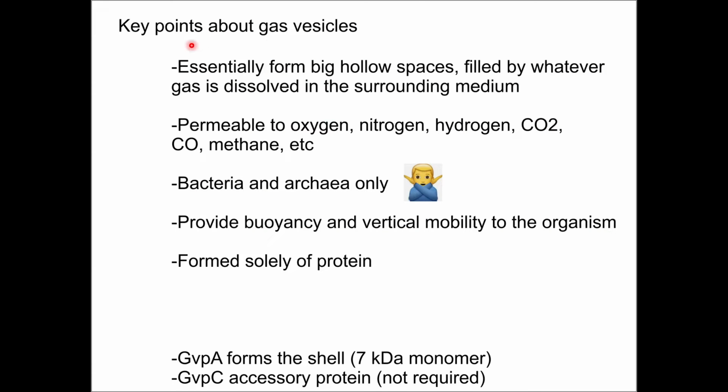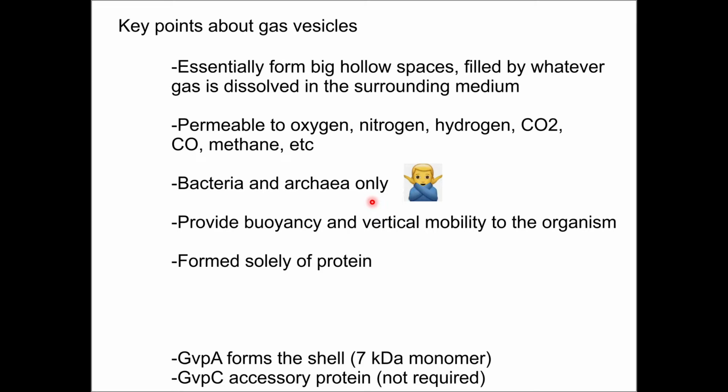Okay, so a couple things about gas vesicles that I just took from Wikipedia. Essentially, these are big proteinaceous hollow spaces filled by gas, permeable to oxygen, nitrogen, hydrogen, carbon dioxide, carbon monoxide, methane, basically all those small gases, only found in bacteria and archaea. These provide buoyancy and vertical mobility to the organism.